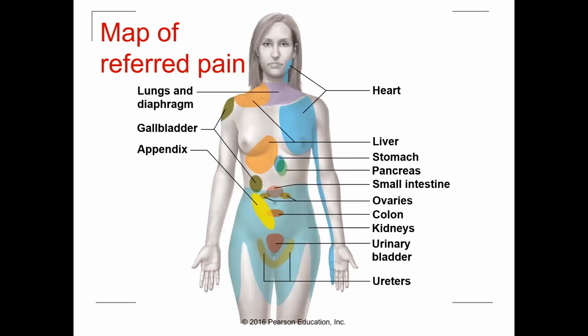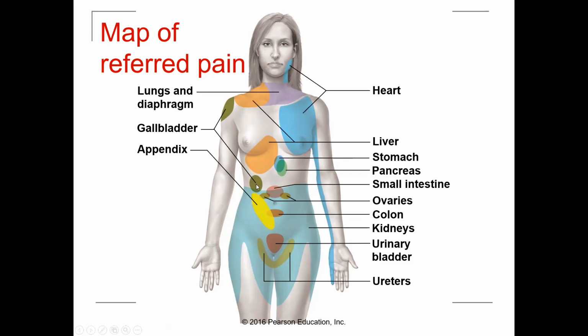Okay, now, referred pain generally shows up in these kinds of patterns here. So, for example, the heart attack pain can show up in the lower jaw on the left-hand side, of course, in the left side of the chest and all the way down the left arm. And it can show up in the abdomen too, because the vagus nerve innervates the area below the rectus abdominis.